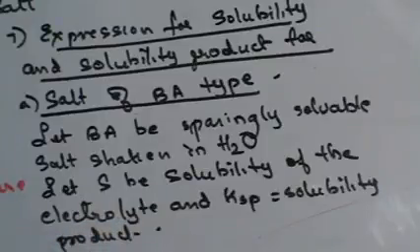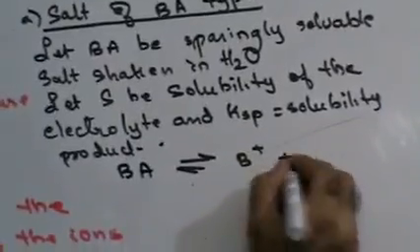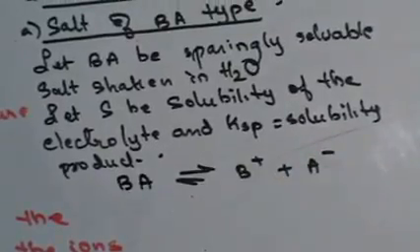In which case I can say BA will dissociate reversibly to give you B plus ions and A minus ions.